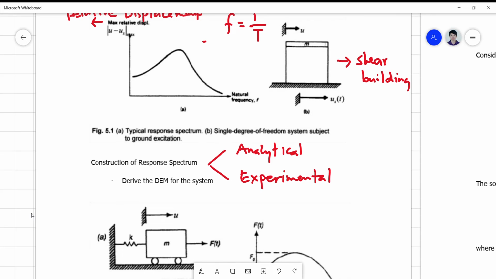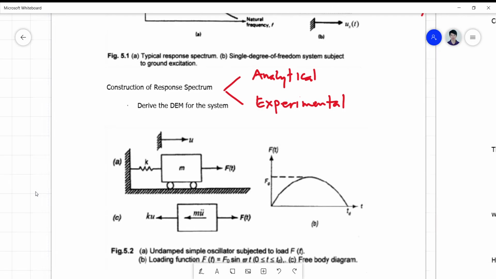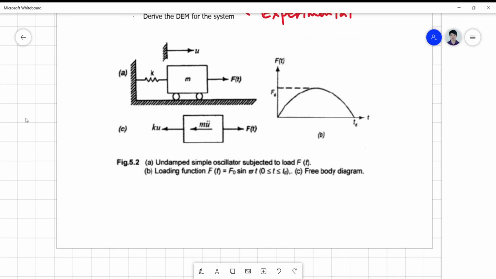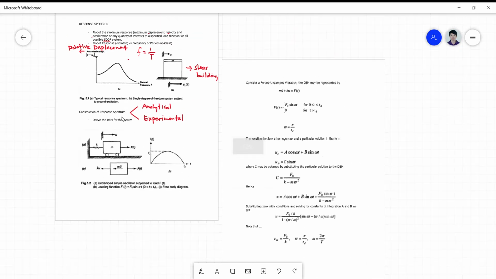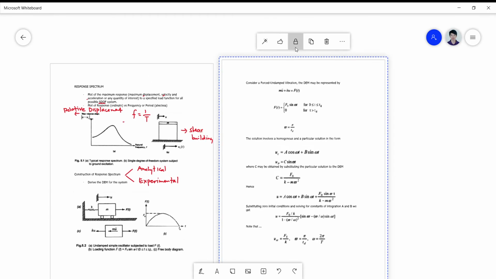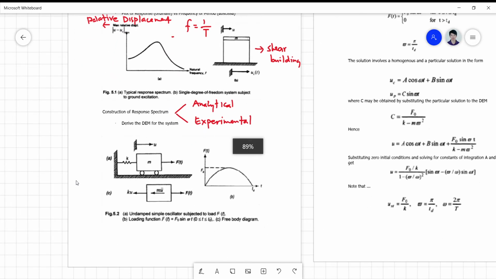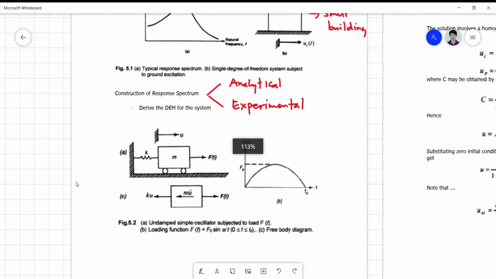Okay, so first we derive the differential equation of motion for the system, and we use the free body diagram in order to derive the differential equation of motion. If the system is not yet converted into a mass spring dashpot system, then we have to convert it.